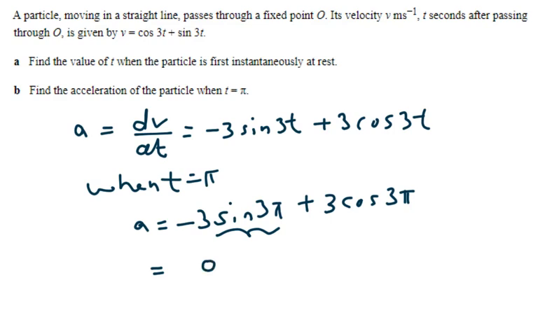And then 3 times cosine of 3 pi, put the value in the calculator, and you will be able to get it as -1. So hence your final answer is -3 meters per second squared. Alright.